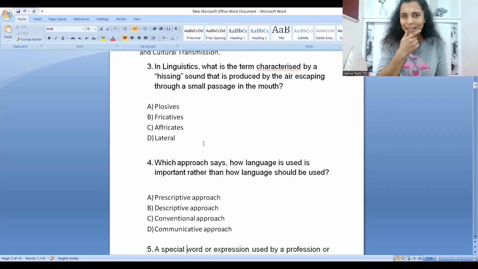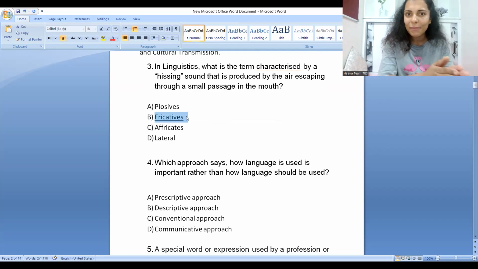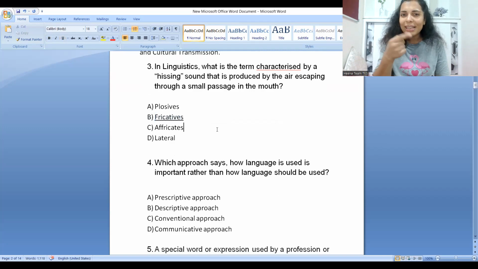Do you know the answer? It is option B, fricatives. So what is fricatives? Well, this is the hissing sound produced by the air escaping through a small passage in my mouth. Fricatives.